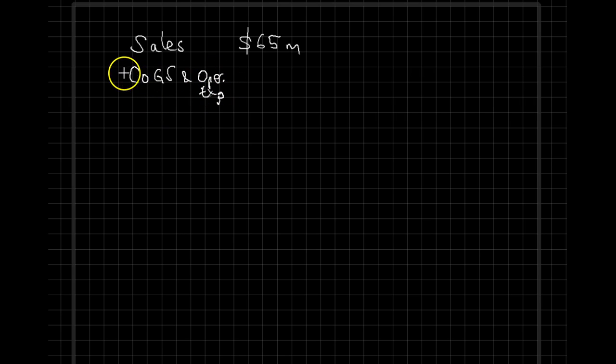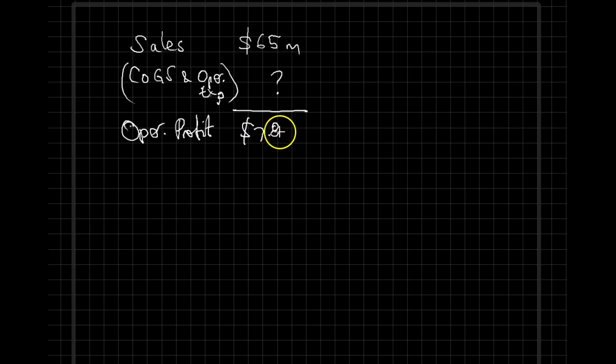However, one thing we know is once we deduct these numbers, which we don't know, we arrive at operating profit, and we just calculated that number to be $7.8 million. It's not too difficult to deduce what this combined cost of goods sold and operating expenses are, but for the purpose of our problem, we don't need that, so we can just skip that.